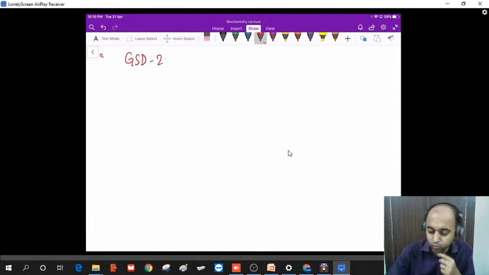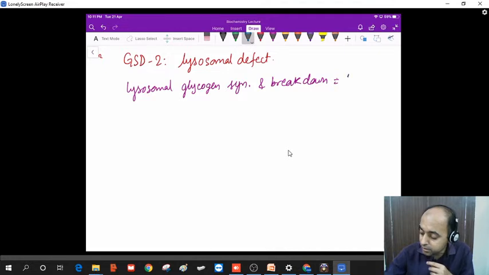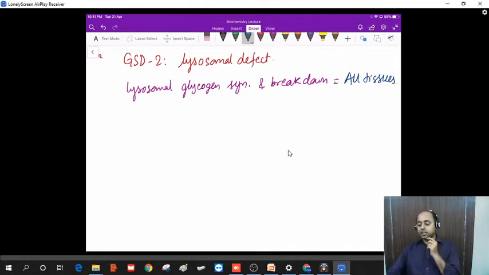In GSD type 2, we said this is the defect in the lysosome. Now, what happens here? Lysosomal glycogen synthesis and breakdown occurs in all tissues.